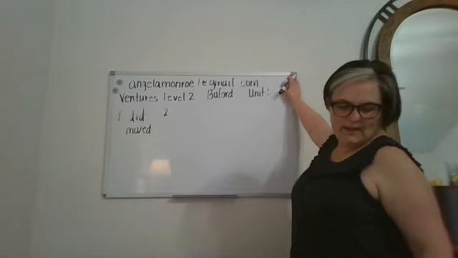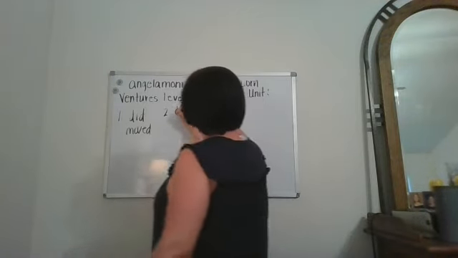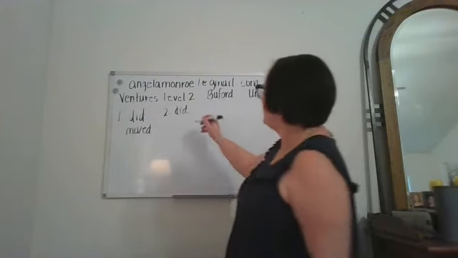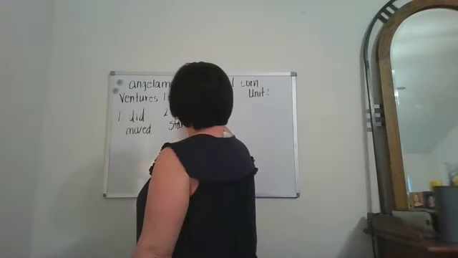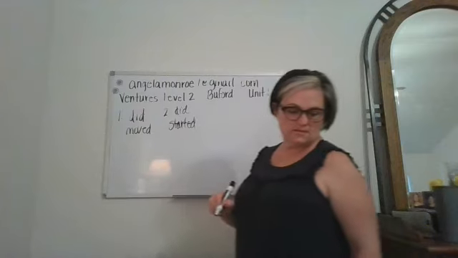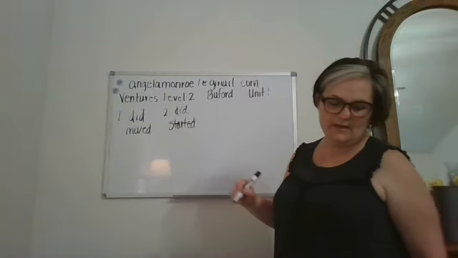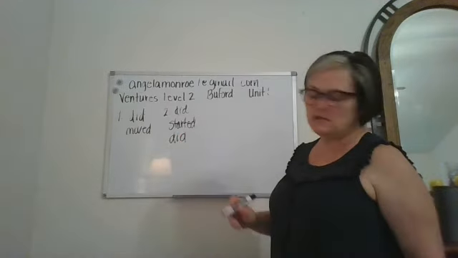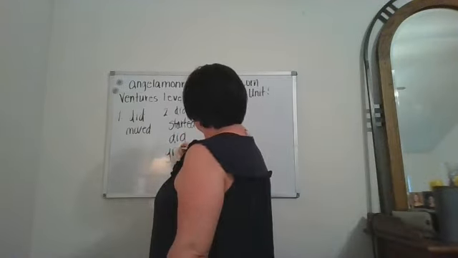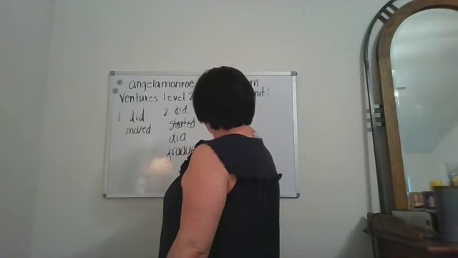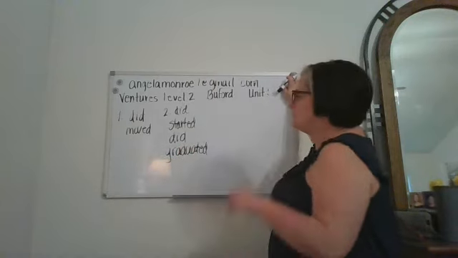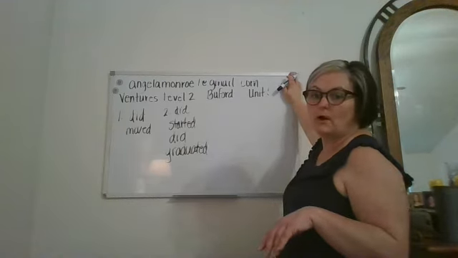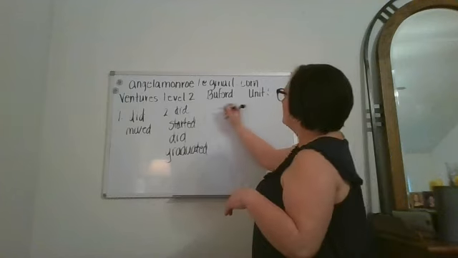Number 2, when did Carlos start school? He started school in September. When did he graduate? He graduated in June. So still using all of our past tense verbs that we've been using in our homework and earlier in this chapter.